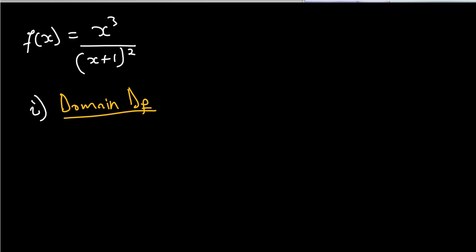So we are going to exclude the solutions of x plus 1 equal to 0. The domain of definition of this function will be all real values of x excluding the points where this denominator is 0, and this denominator is 0 if and only if x is equal to -1.